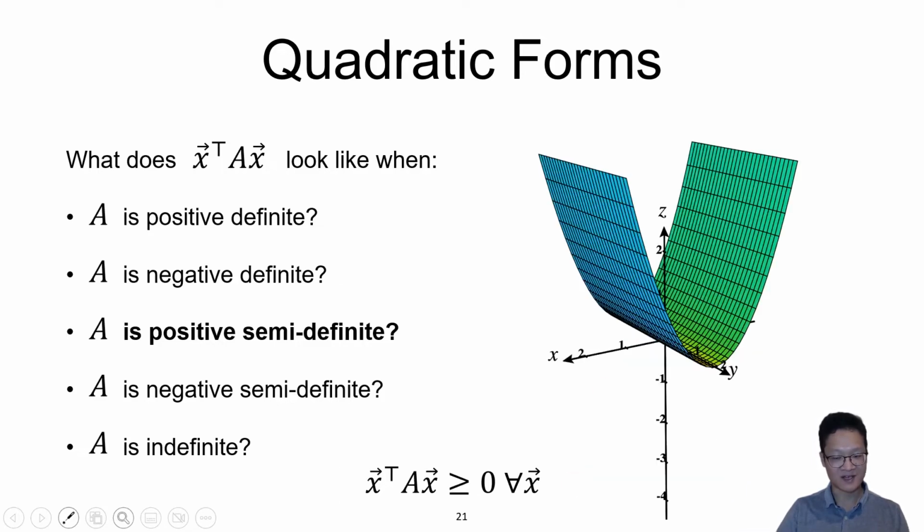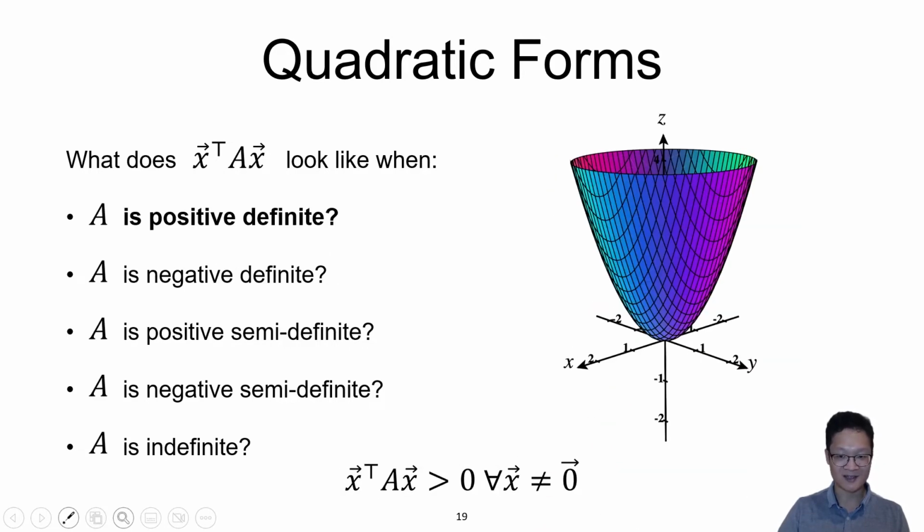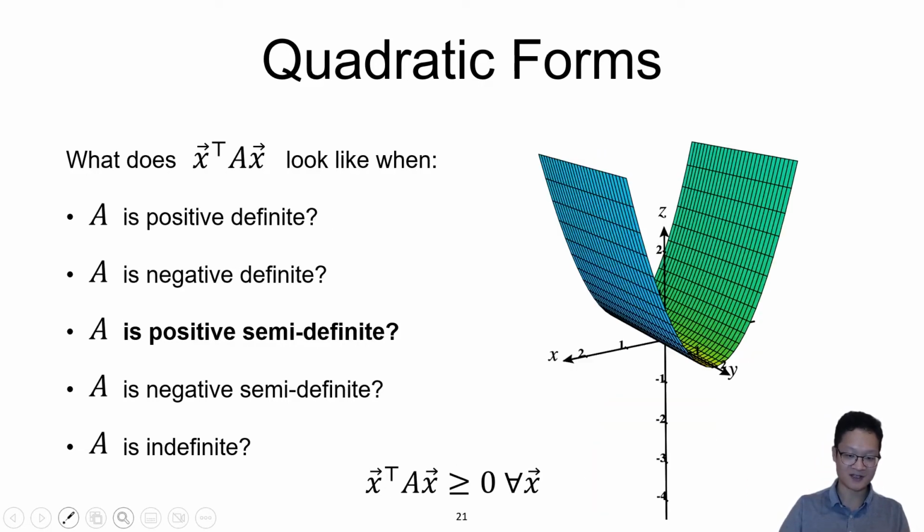For the semi-definite cases, you don't really get a paraboloid that is closed on all sides. You get a parabola in one of the directions, but in the other direction, you may get a flat. The other direction is kind of flat. This means that x transpose Ax is greater than or equal to 0 for all x.